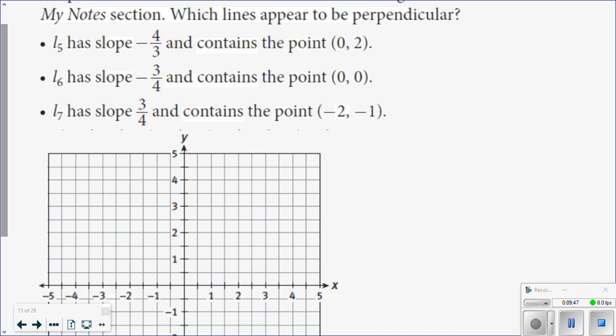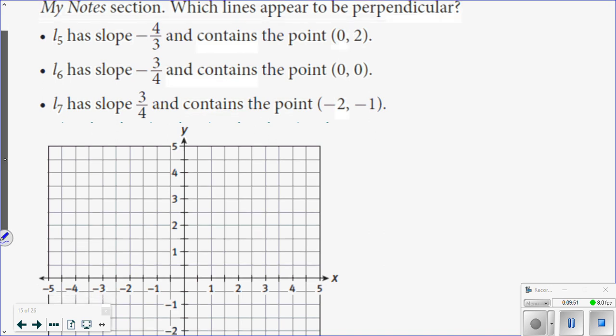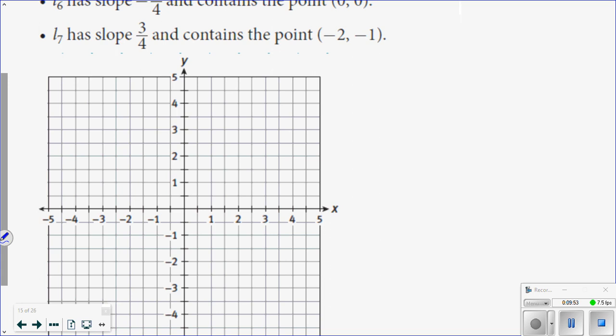So let's plot 0, 2, which happens to be a y-intercept. And our slope is -4/3. So let's go down 4 boxes, over 3. And it was a negative slope, so my line has to be decreasing.